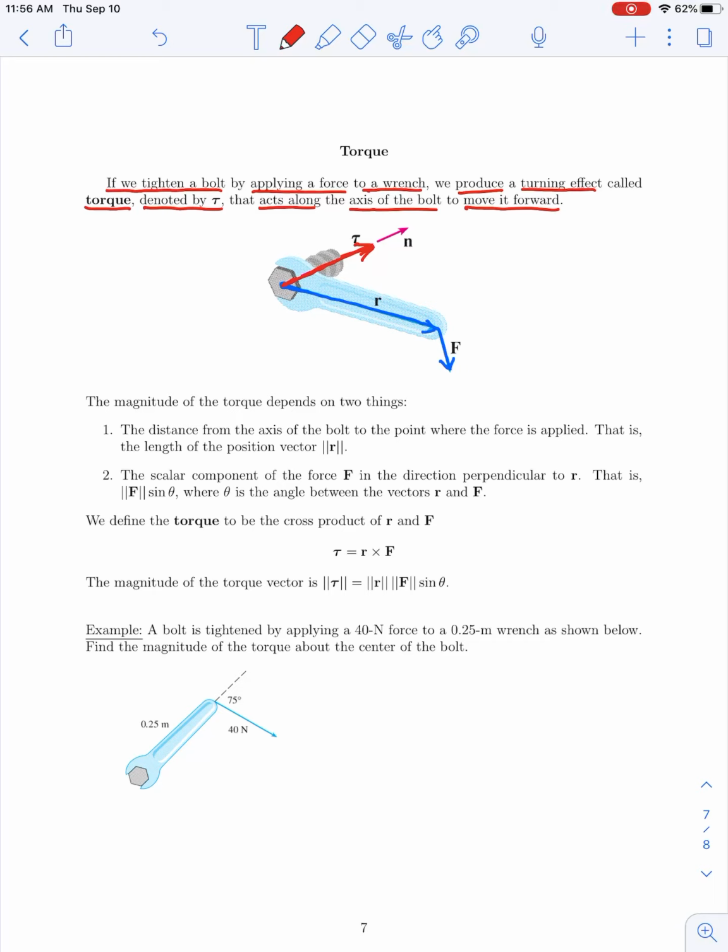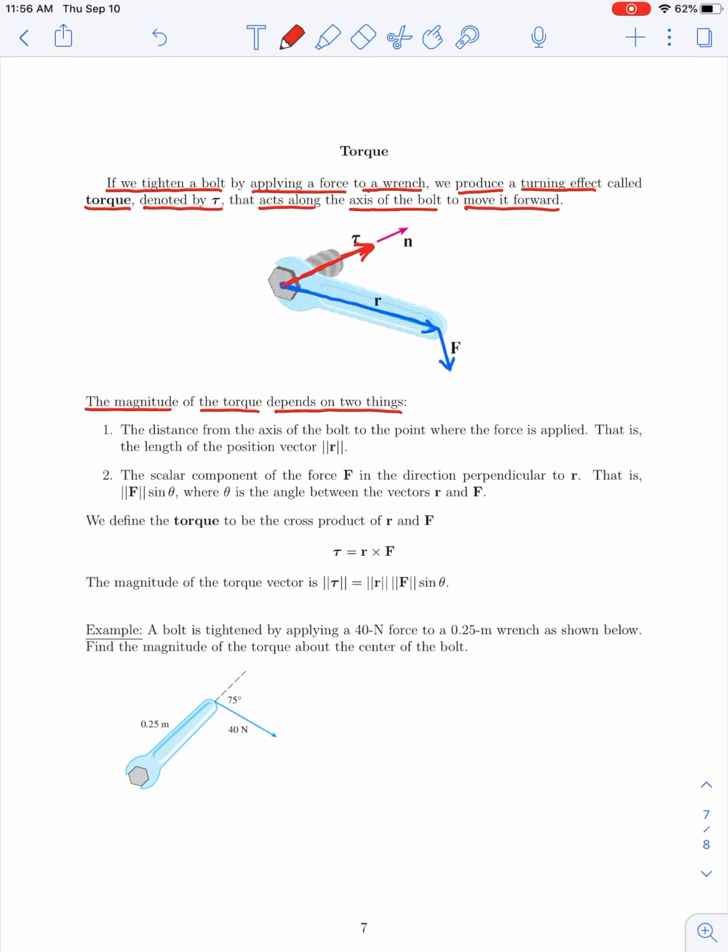So if we're curious about the magnitude of the torque, what is the magnitude of this rotational effect that results from applying a force to the end of this wrench? We could say the magnitude of this torque vector will depend on two things.